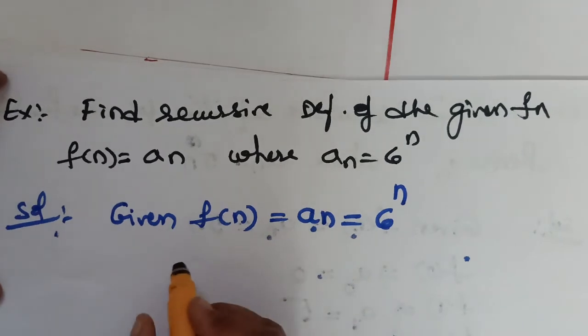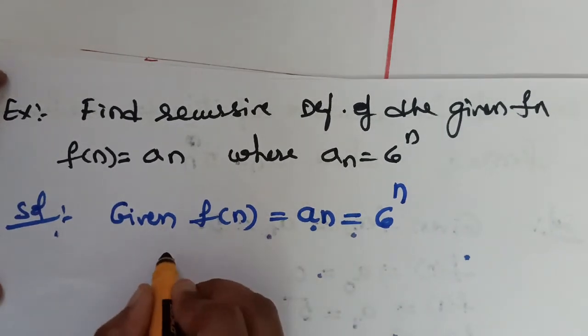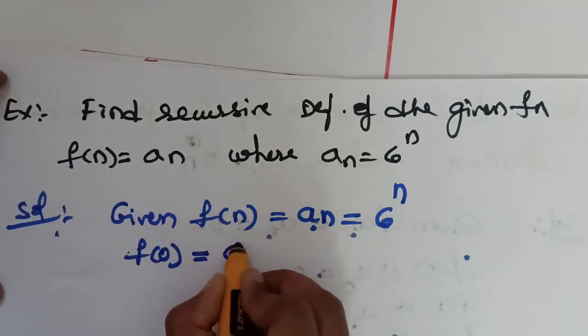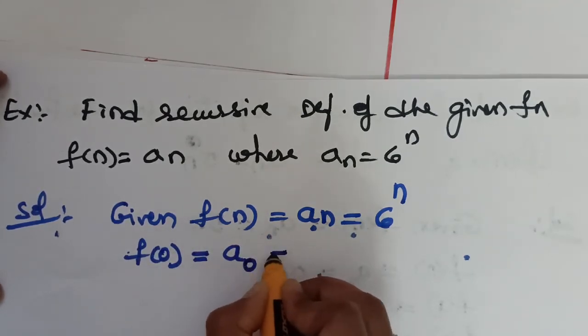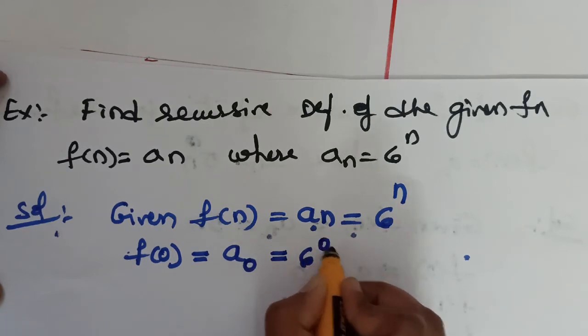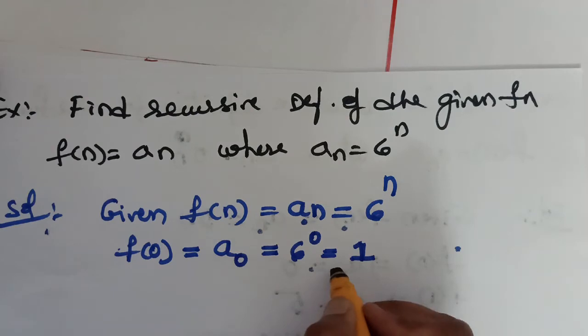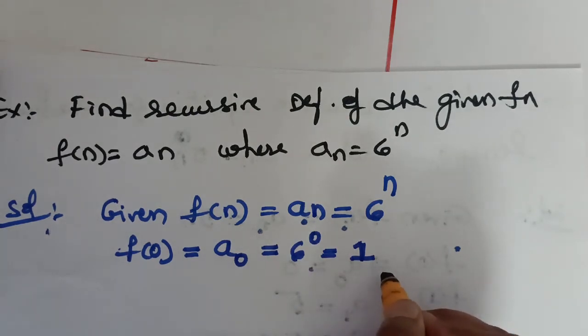Okay, 6 power n. So, by substituting n is equal to 0, f of 0 is a naught, 6 power 0. This is equal to 1. Okay, we got the initial condition, that is a naught is equal to 1.